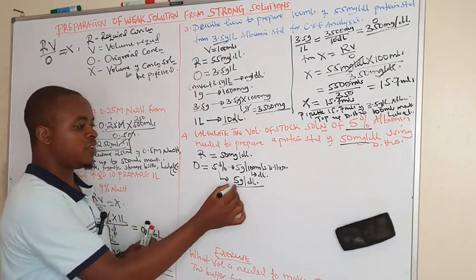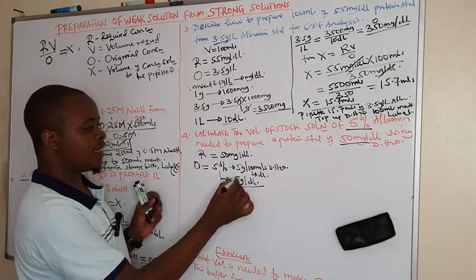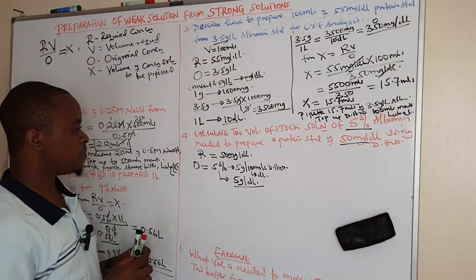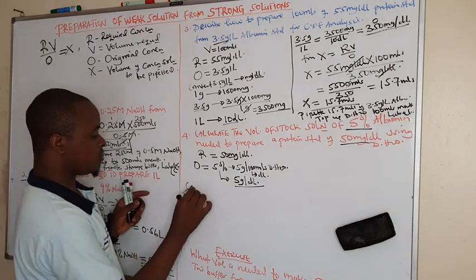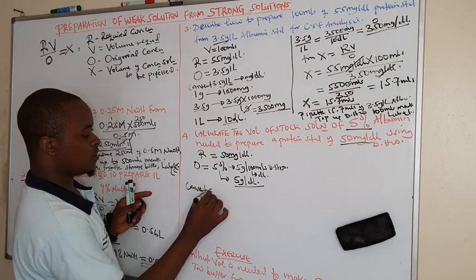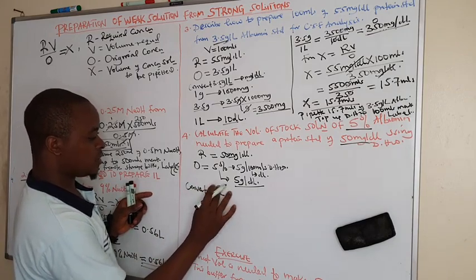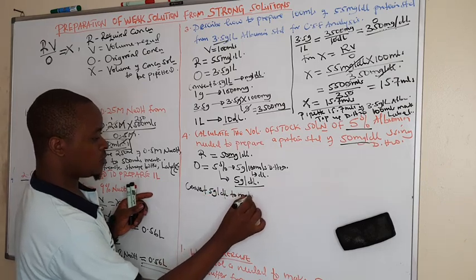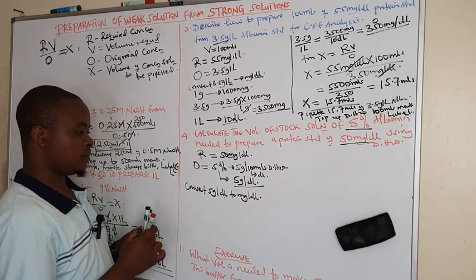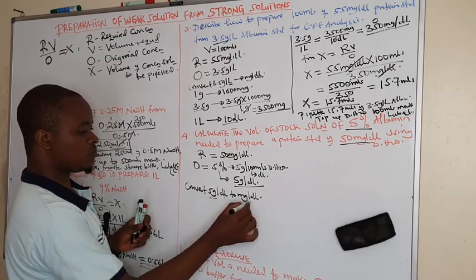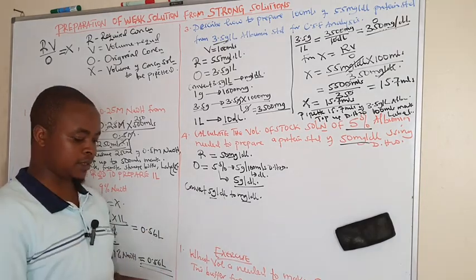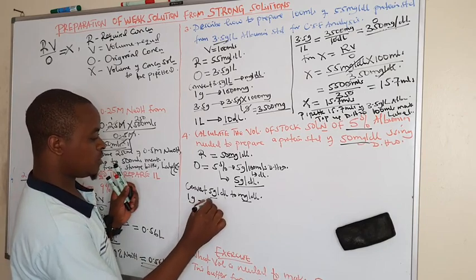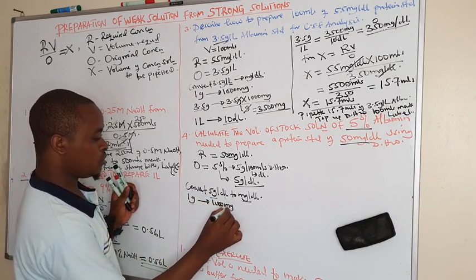And imagine this is in grams per deciliter, this is in milligrams per deciliter. So what we are going to do is to convert 5 grams per deciliter to milligrams per deciliter. So we need to convert grams to milligrams so that units are the same. And we are going to see that 1 gram is equivalent to 1,000 milligrams.